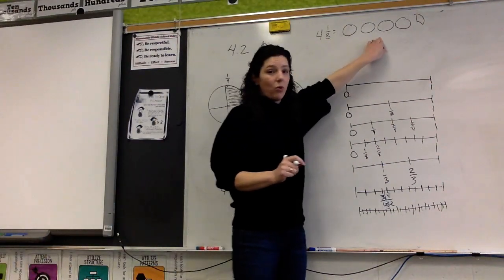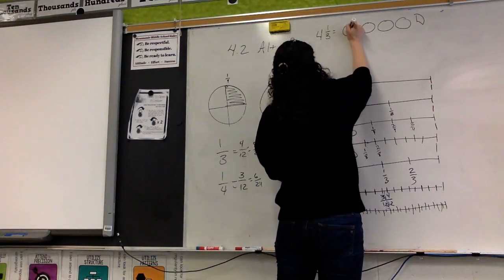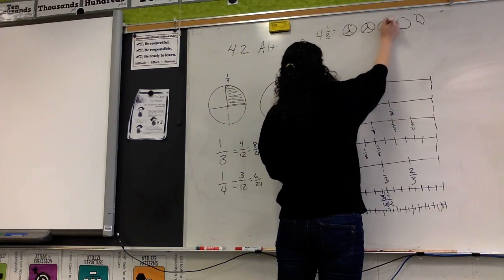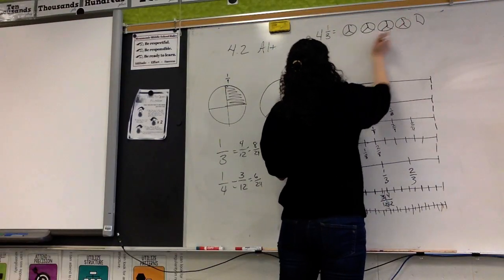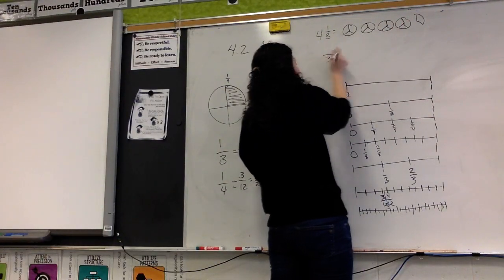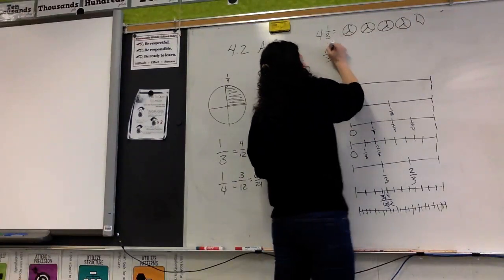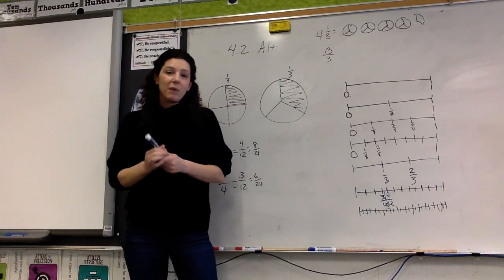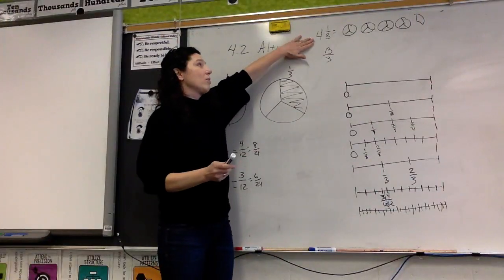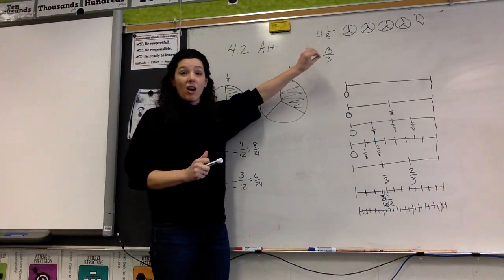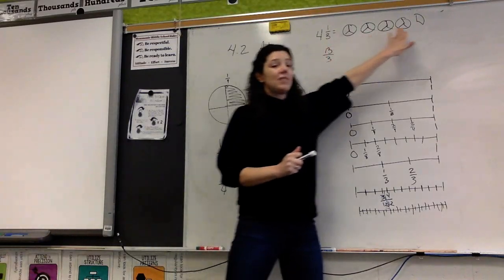So I've got my 4 wholes and then my thirds. But if I cut them all into 3 slices, right, instead of having 4 1/3, now I'd have 3, 6, 9, 12, 13 thirds. So that's what it means by renaming as a fraction. 4 1/3 and 13 thirds are equivalent, and we can see that there.